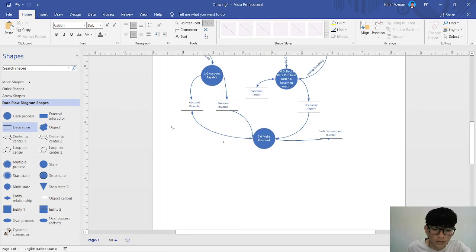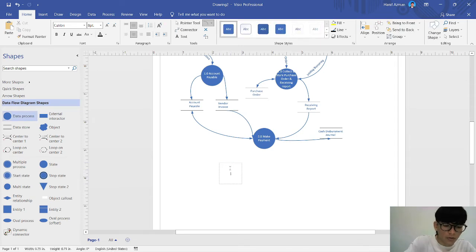And 4.0. I will put a data process here, 4.0, which is prepare management reports.